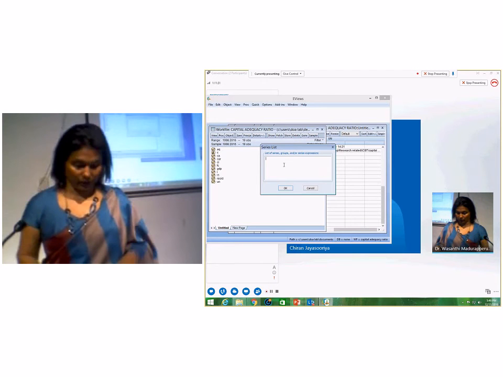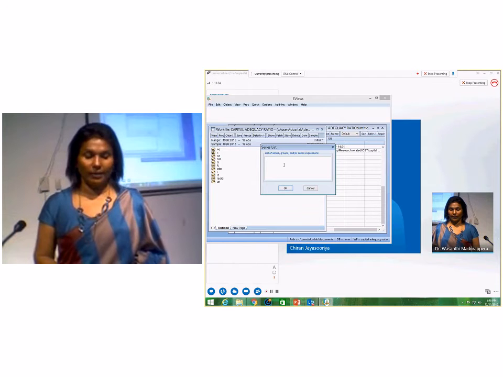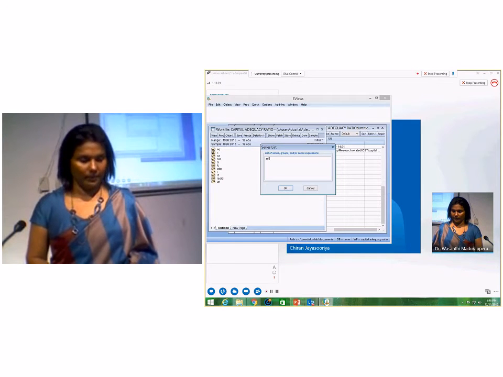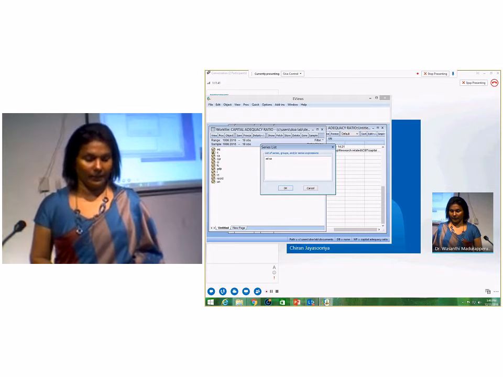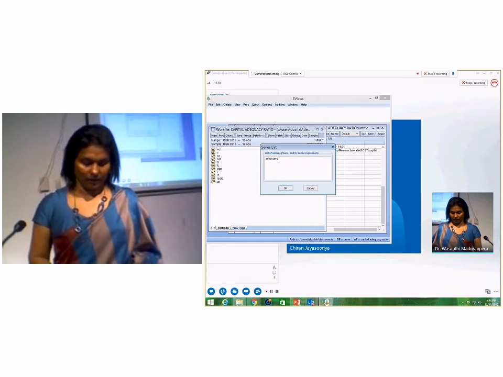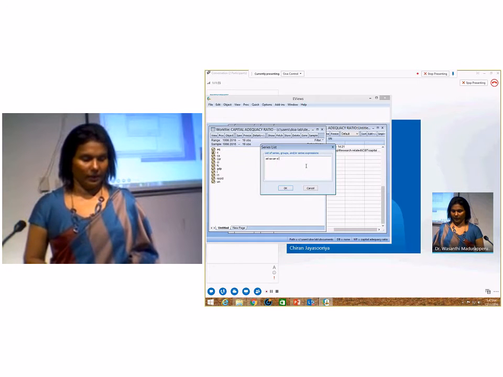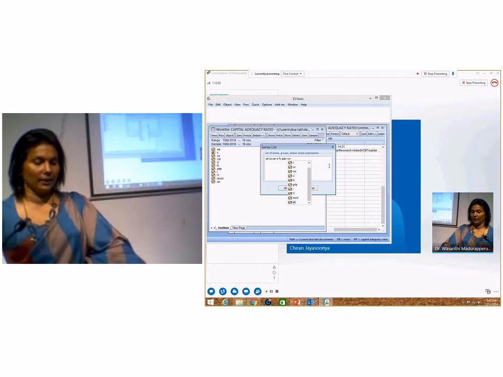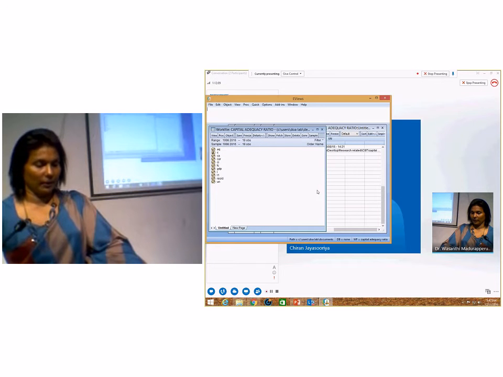Then assume you want all the graphs: capital adequacy ratio, assets, unemployment, and give all the series first, and then click OK.